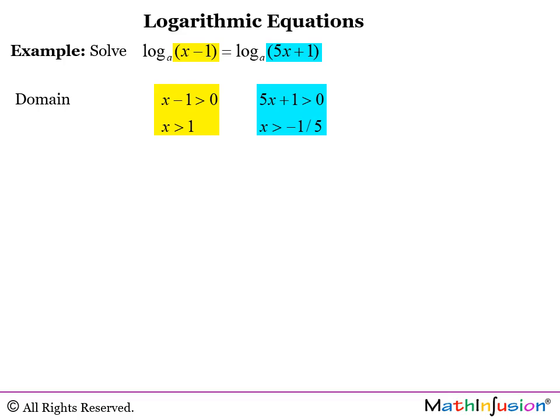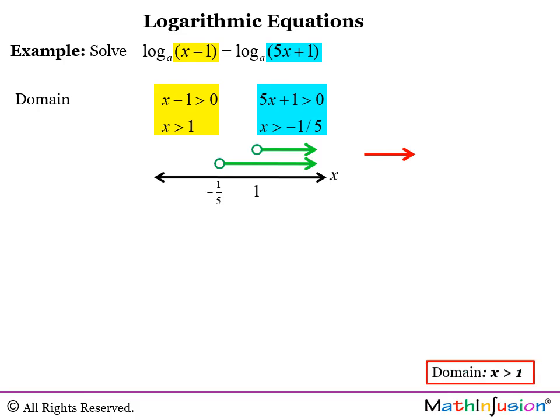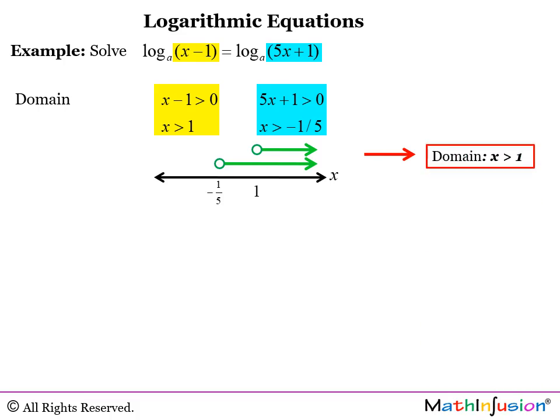But because we are combining in this equation those two functions, we have to combine the domains by intersection, because the solution has to be okayed by the log base a of x minus 1 and also by the log base a of 5x plus 1. So we'll do the intersection. In this case it's pretty easy. We get that the intersection is x greater than 1. So this is the domain of this equation.